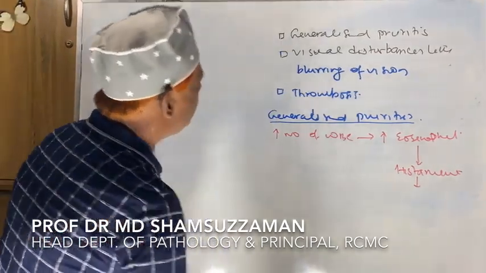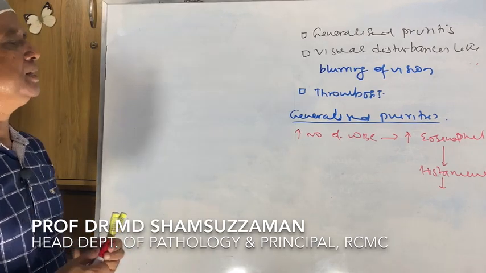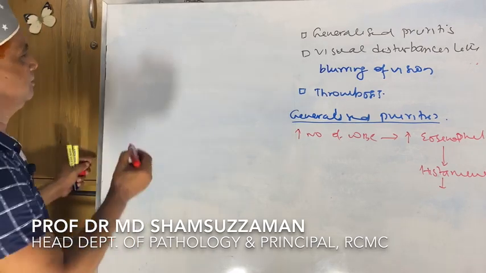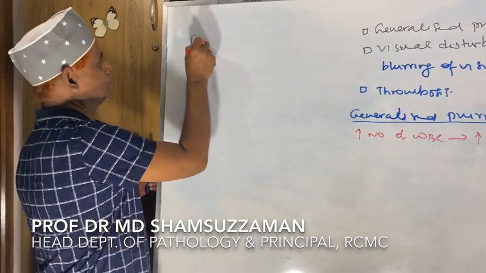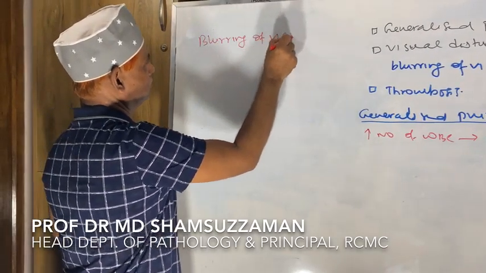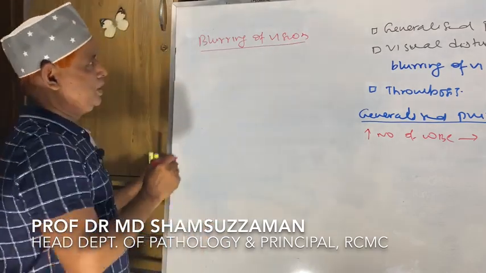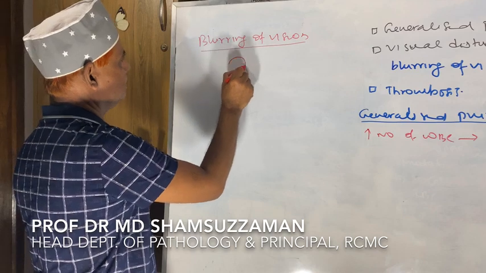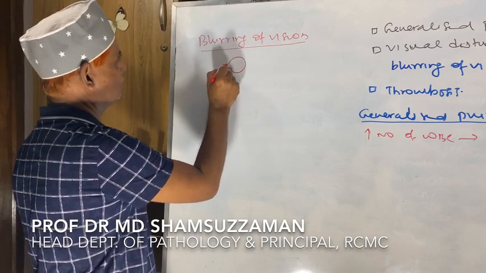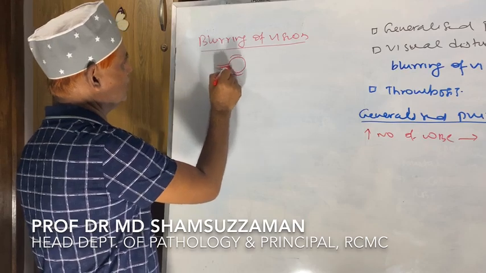Now come to why blurring of vision or visual disturbances in polycythemia vera. Dear audience, if this is the eyeball, you know there is the retinal artery.